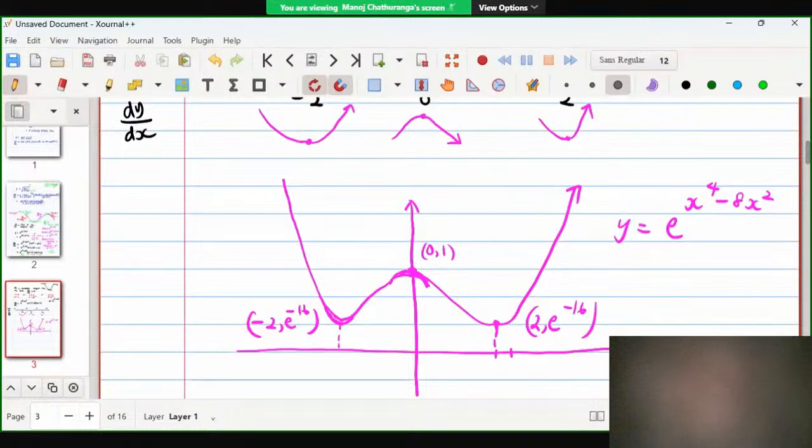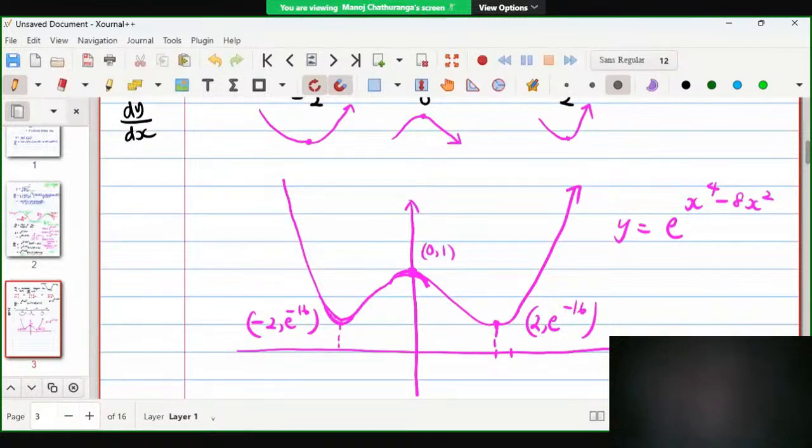In school, our technique was to make a table and substitute values like 0, 1, 2, 3, 4, plot those points and join them by a smooth curve. But that technique won't work for functions like this. These are complicated functions, but still we can plot them using derivatives.